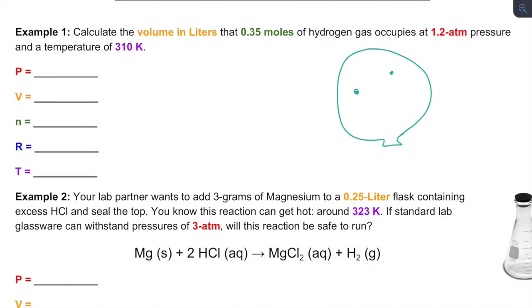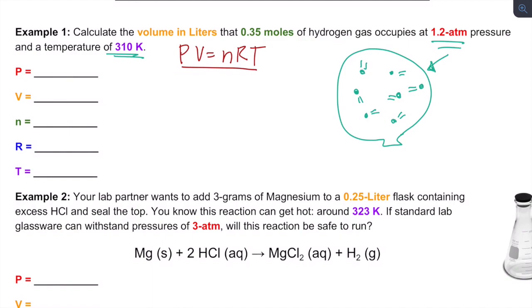We've got hydrogen gas molecules moving around, bumping up against the walls of the balloon, creating pressure. The question is saying, how big would that balloon be if it was at 310 Kelvin and a pressure of 1.2? To solve this problem, you'll need to use the ideal gas law, PV equals nRT.